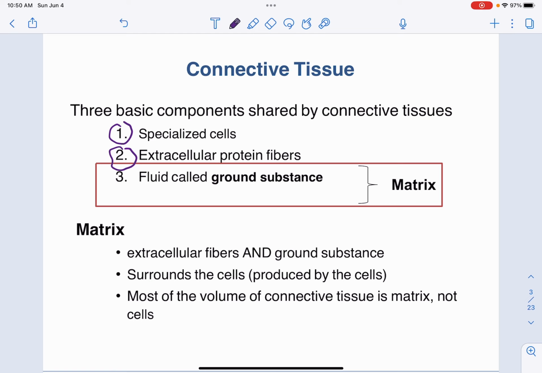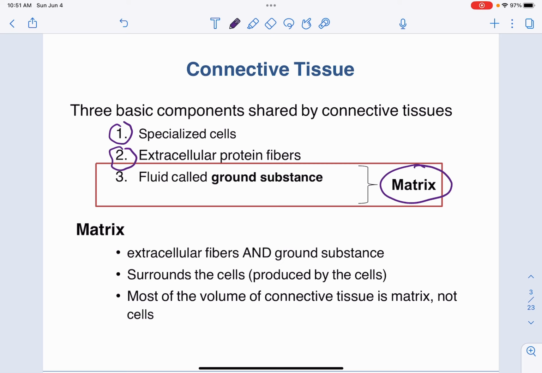All of the material outside of the cells is called matrix. And matrix is comprised of 2 separate components. It is comprised of protein fibers, and there are different types of protein fibers that we will talk about.